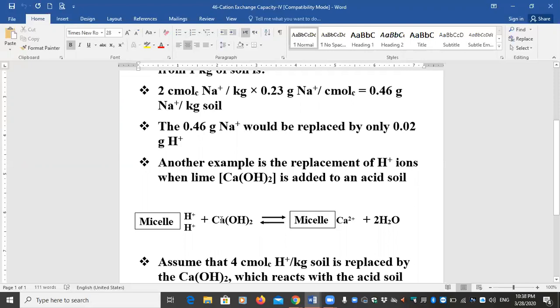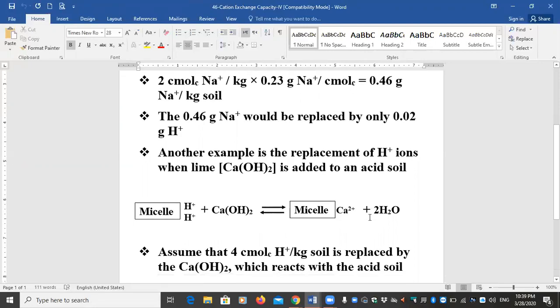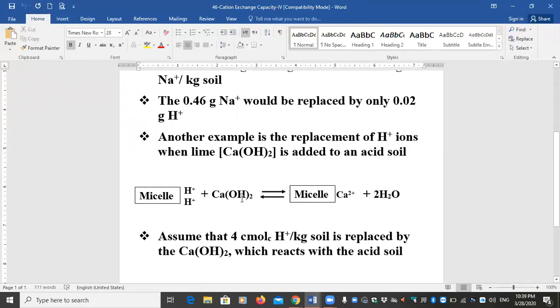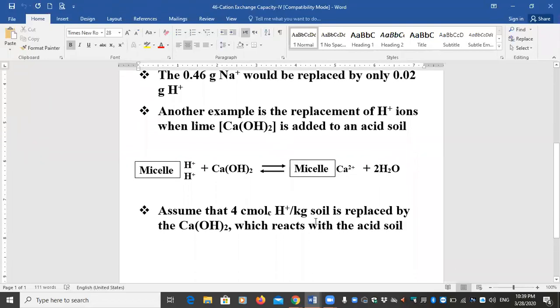So the calcium that's released after dissolving this compound will be the one taking the place of the 2 hydrogen. So 1 calcium took the place of the 2 hydrogen. Remember, charge for charge. 2 charges need a divalent ion with 2 charges to replace them. And then of course you have water. The hydrogen with the OH formed water.